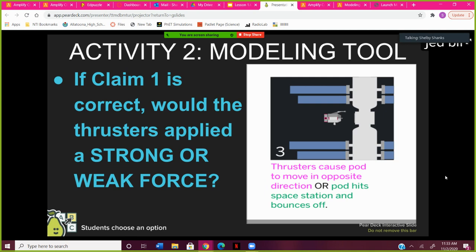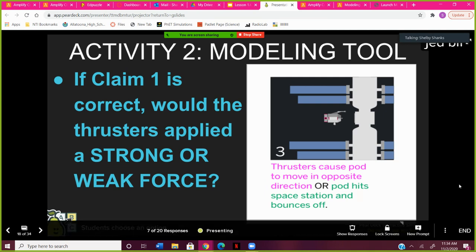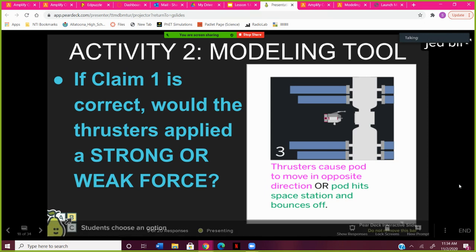All right, make sure you're finishing up that model and back in our Pear Deck. It looks like I've got 7 people responding, 8. All right, so if claim 1 is correct, would the thrusters have applied a stronger or a weaker force?